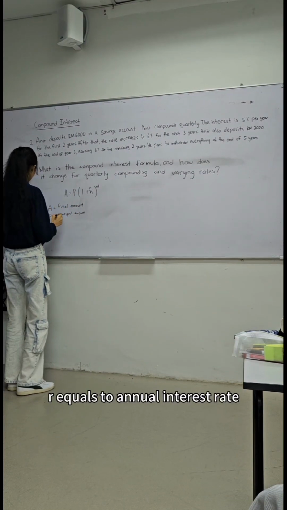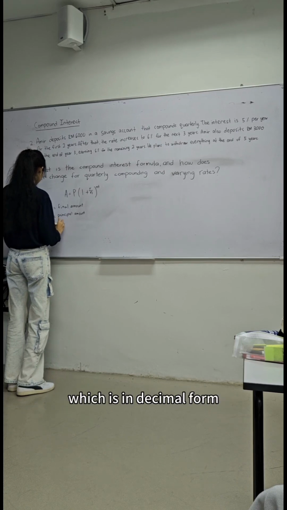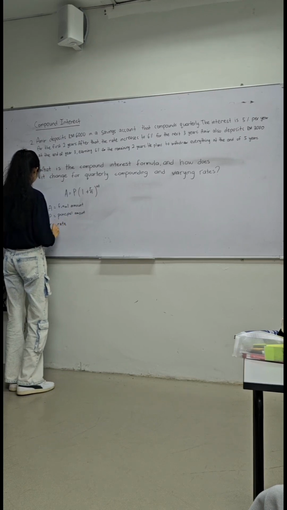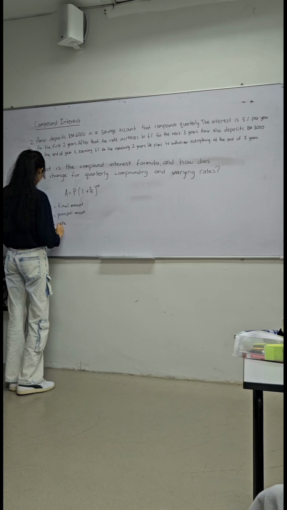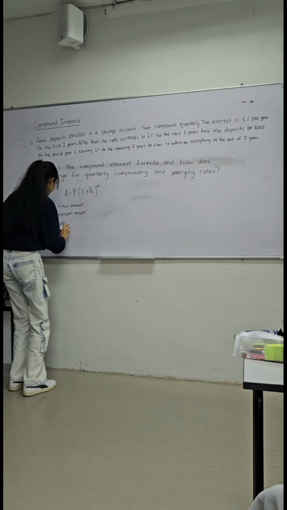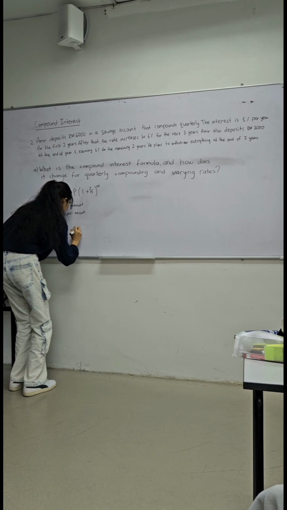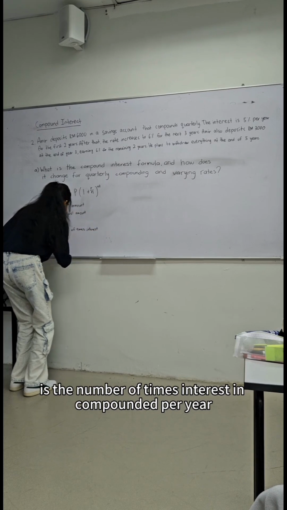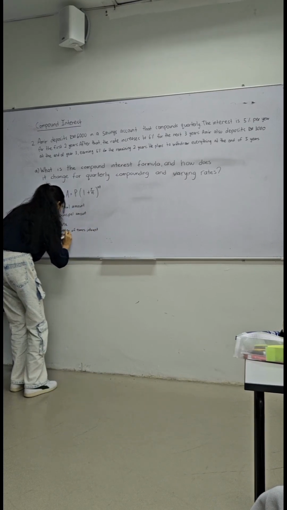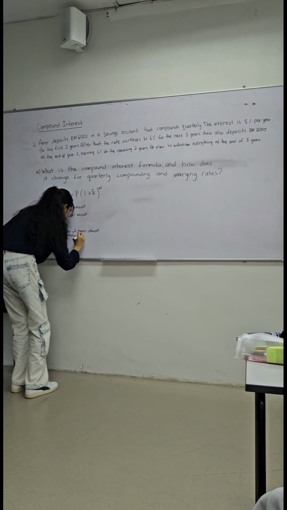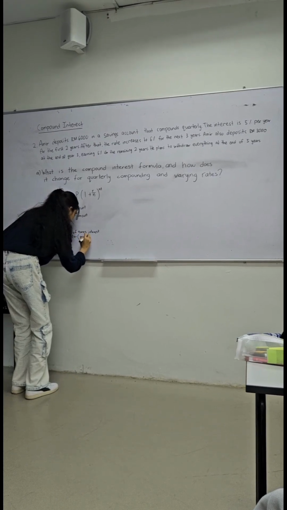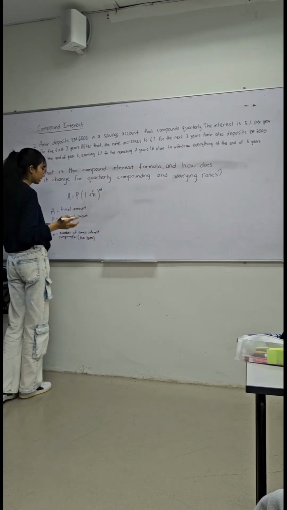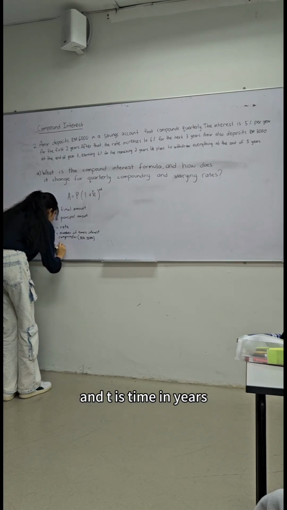R equals the annual interest rate, which is in decimal form, N is the number of times interest is compounded per year, and T is time in years.